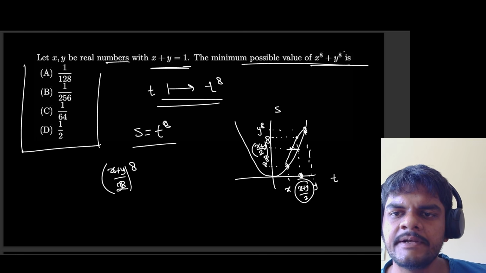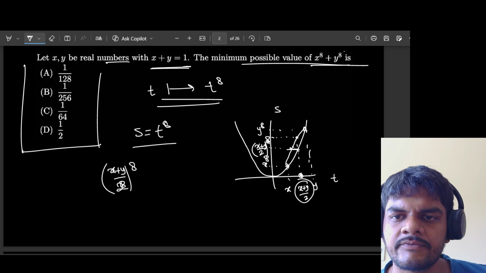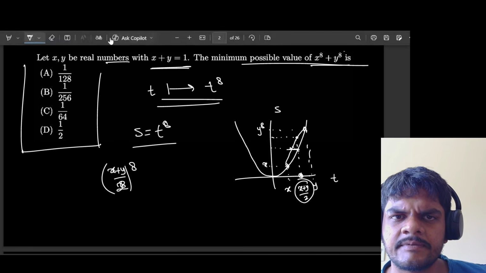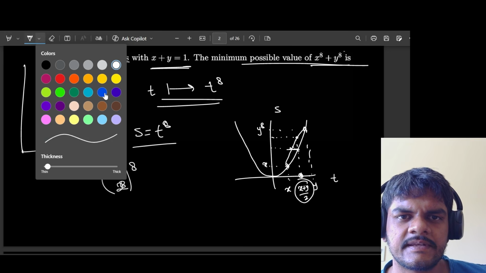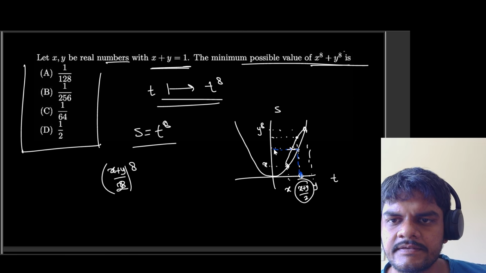And where is the midpoint of x power 8 and y power 8? If you focus on that, here will be this point. Let me just get some other color so that this is absolutely clear. This is the midpoint. Where will be the midpoint of these two? That will be a bit above, if you see it carefully.